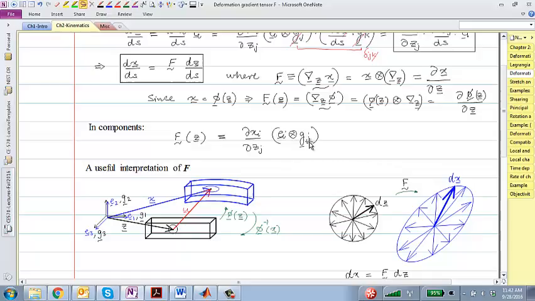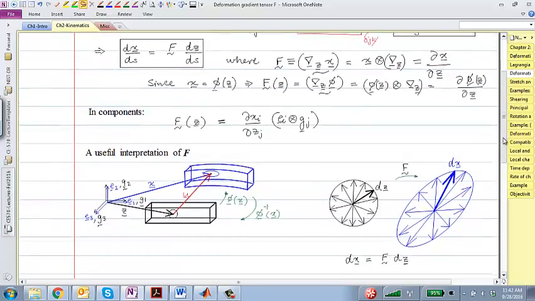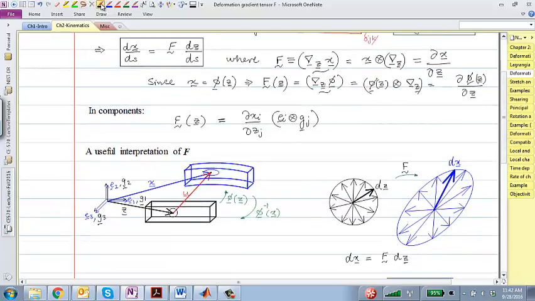For simplicity, we said we will assume they are both in the same direction, but this is not necessary. So really what F does, I'll write it in this fashion right now, and then I'll show you that interpretation as well. It's the same as partial phi i, partial zj, ei dyad gj.